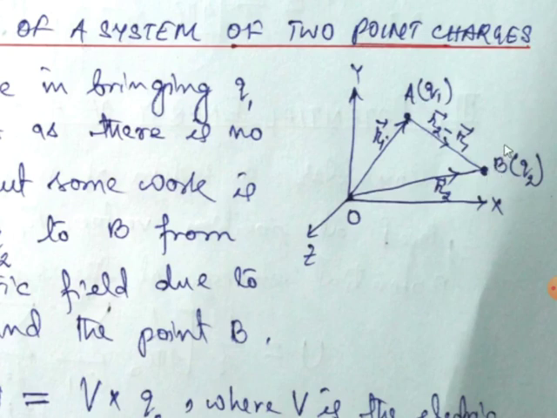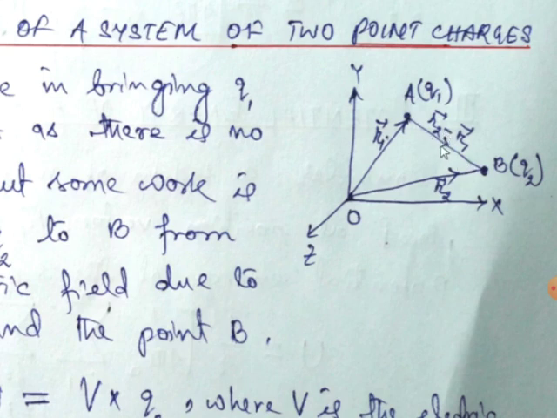So naturally there will be work done, right? So the work done in bringing Q2 from infinity up to this point inside the field due to Q1, that work done will be known as the potential energy of a system of 2-point charges, right?